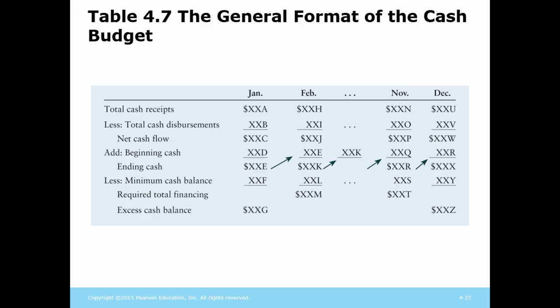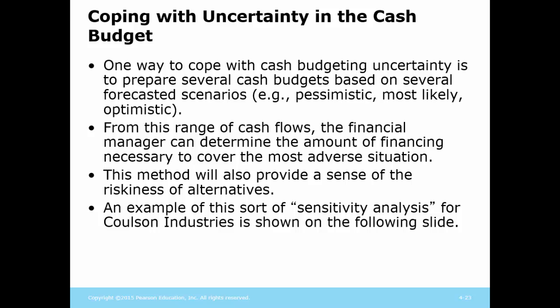Now, the difference between the ending cash and the minimum cash, if it's a positive amount, it means there's excess. If it's a negative amount, it means there is a deficit. This is what we're ultimately planning for. We're planning for this stream here of required financing after we have incorporated the decision-making process.